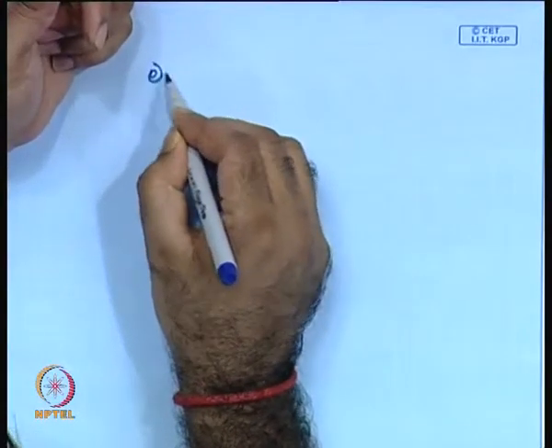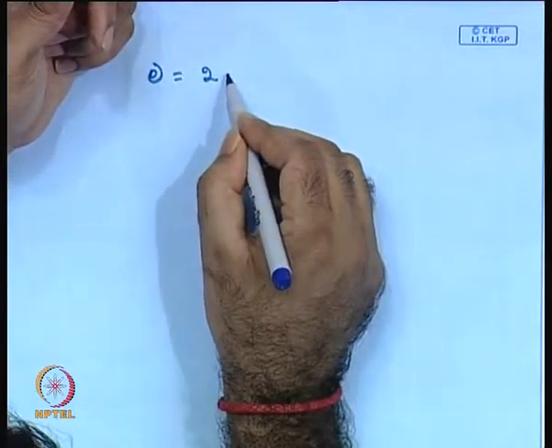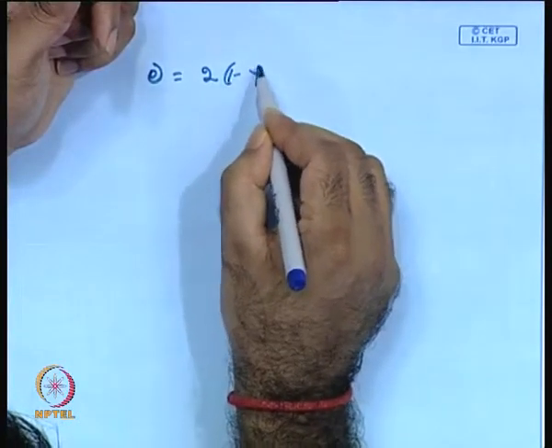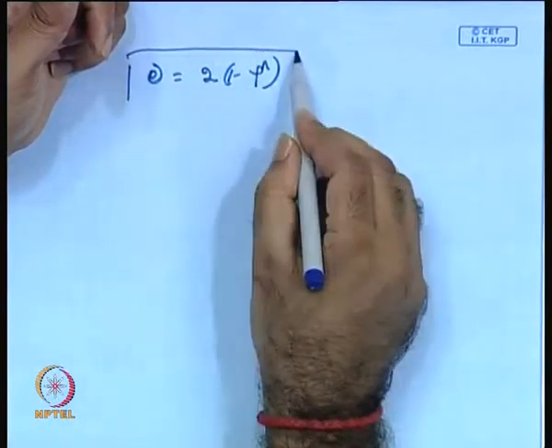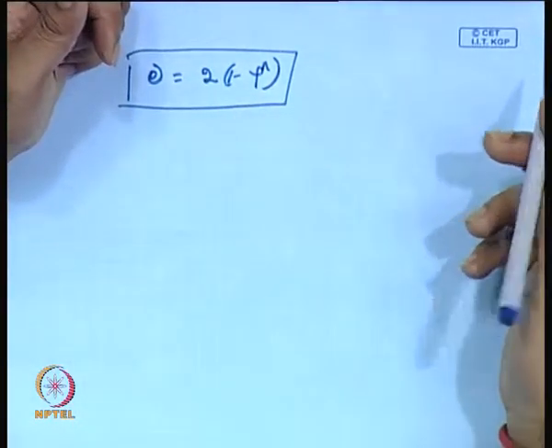If we simplify further, d will be equal to 2 into (1 minus rho hat). So this is the Durbin-Watson d statistic.